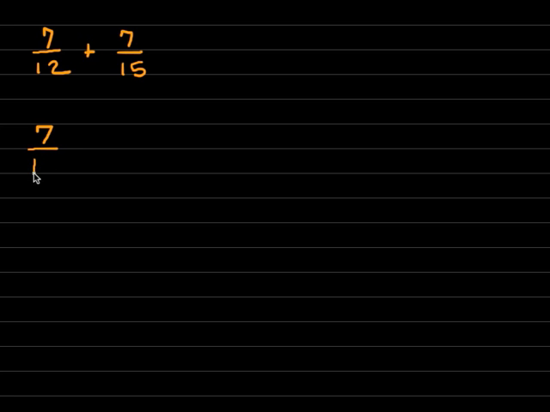So 7/12 is the same as 14/24, and I got that by multiplying the top and the bottom by 2. 7 times 2, 14. 12 times 2, 24. 7/12 is the same as 21/36.